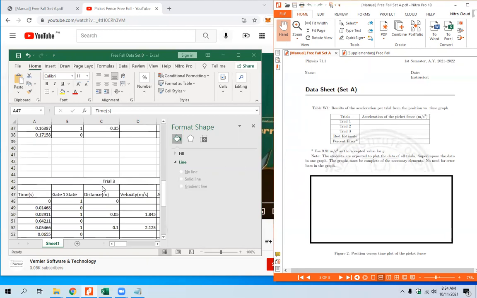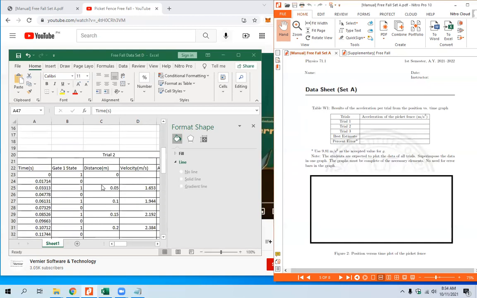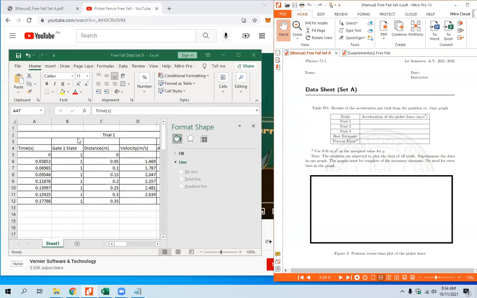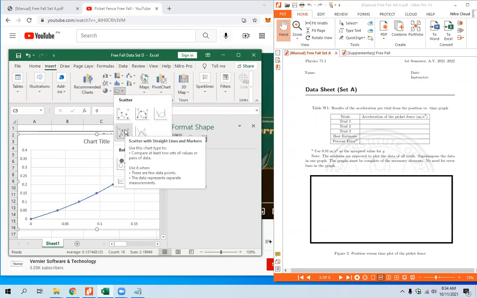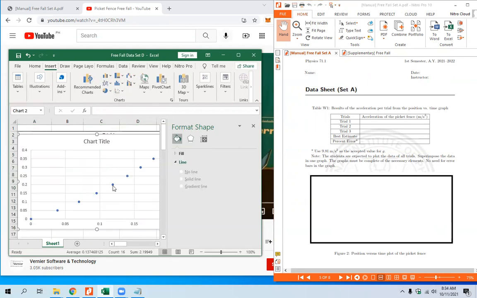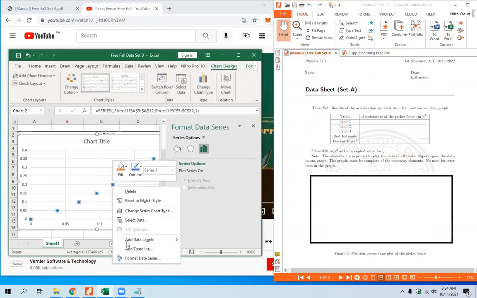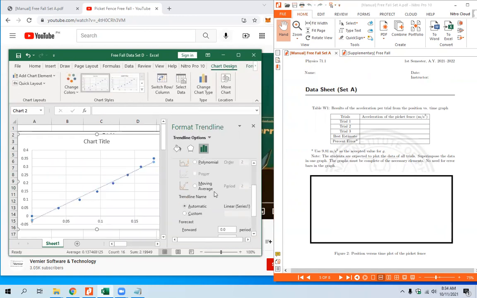How do you do this? Well, if I were to graph, for example, these two, I make a graph. It should be a scatter plot. Then I add a trend line. What is this trend line? A line. But my data is not fitted by the line.